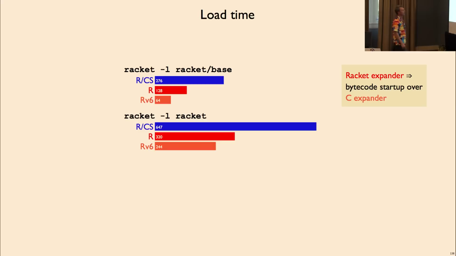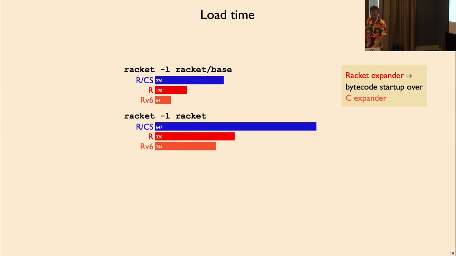Just to compare again, we were already paying some amount of cost here. Some of this, at this level, 64 milliseconds versus 128 milliseconds, was the expander itself being in bytecode form. That is JITted as you load and start Racket. We don't have that issue now, and that issue goes away as you get to more realistic scales. Of course, as you start DrRacket as opposed to just Racket, we're talking about many seconds, and then twice as many seconds.